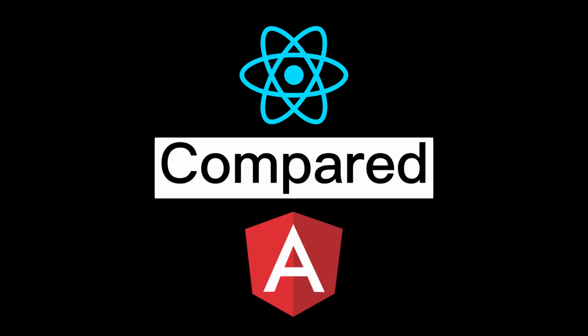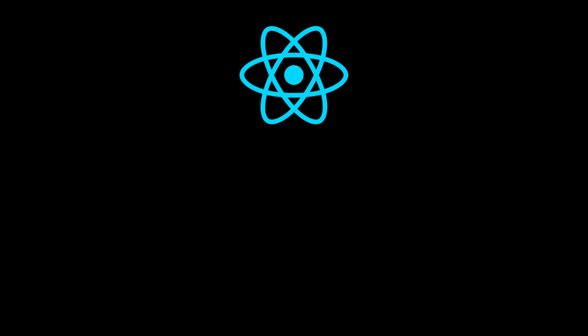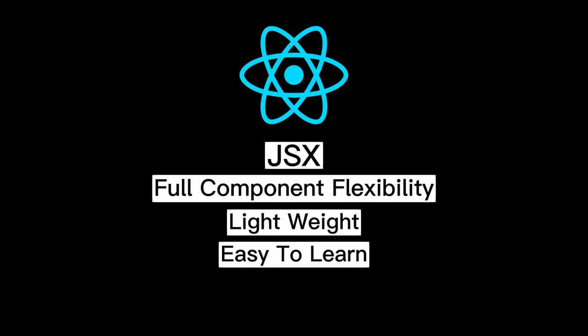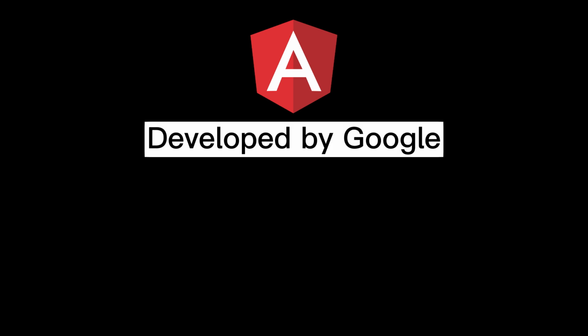Compared to Angular, React offers several advantages, including the ability to write JSX. It gives you full component flexibility where you can choose either functional or class-based components to write your React code. And also React is lightweight, easy to learn and very popular. Angular, on the other hand, is developed and maintained by Google.